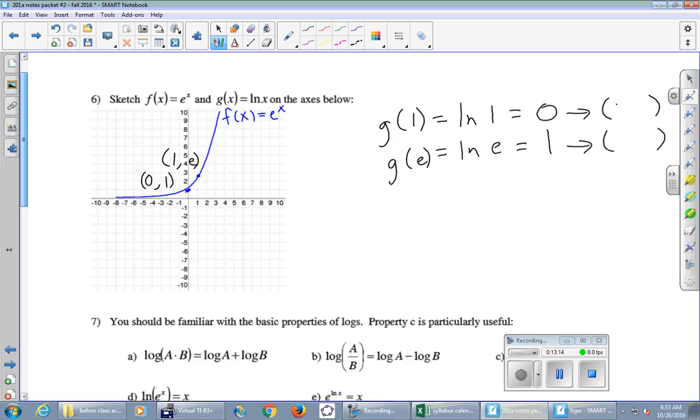What 2 points? 1, 0, and e, 1. And so we can plot those points. 1, 0 is here, and e comma 1, that's about 2.7 comma 1, so maybe here.